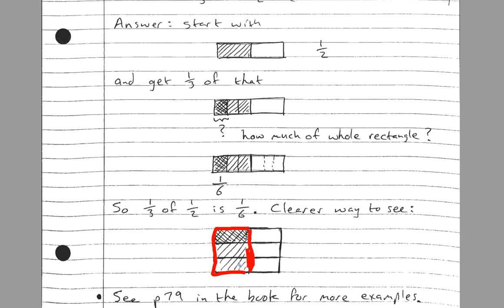So this is 1/2 of the rectangle. And then, just like before, divide that 1/2 into 3 equal pieces. But we can just continue the lines. So now we see it. This 1/3 of 1/2 is definitely 1/6 of the whole thing.